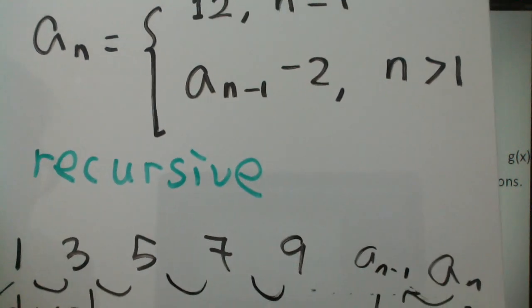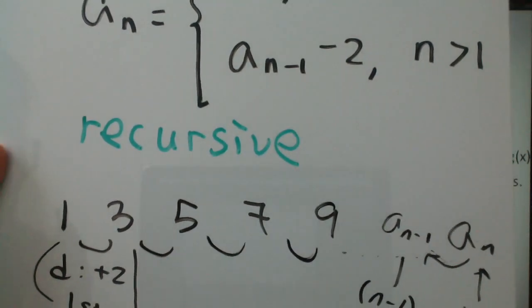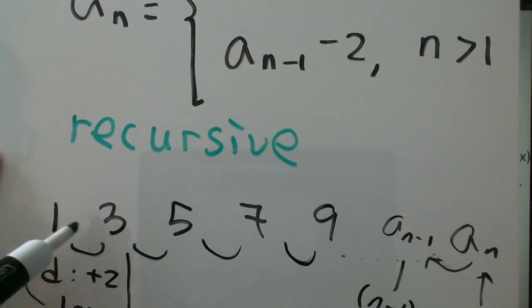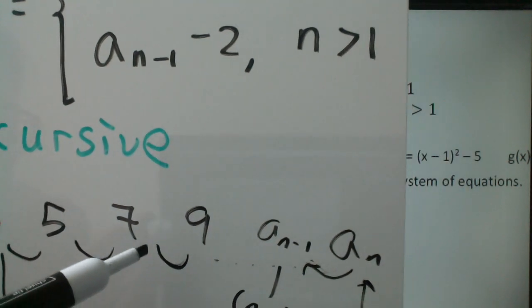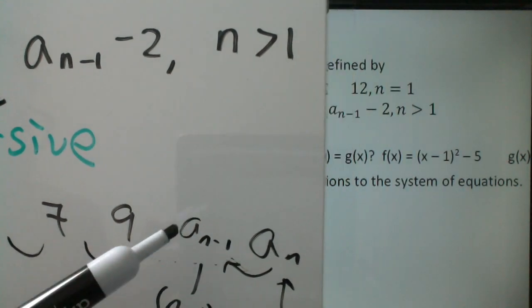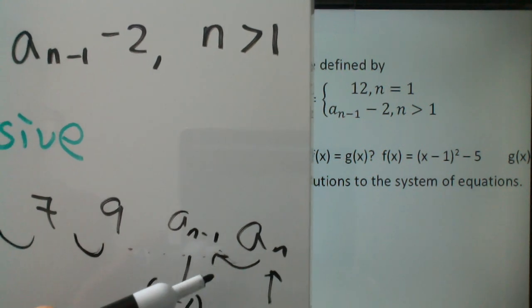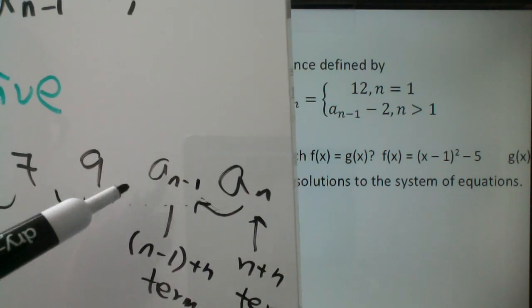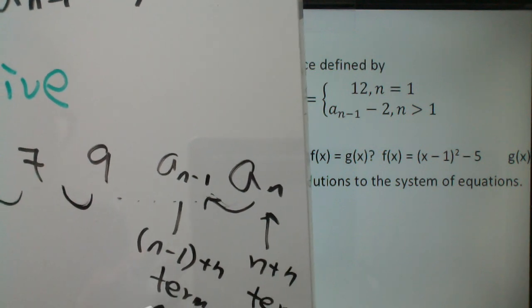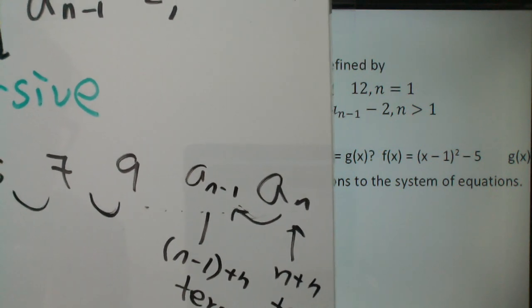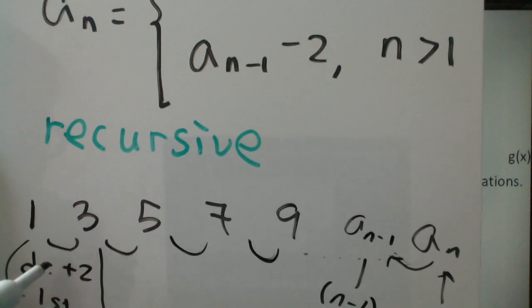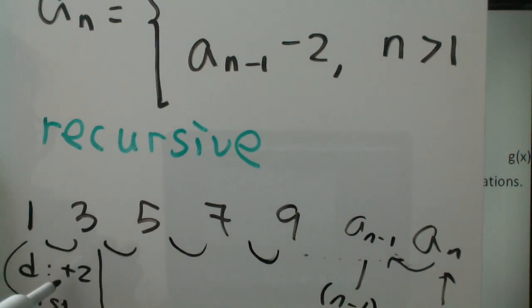Guys, I'll explain one more time. Let's say I have the sequence 1, 3, 5, 7, 9, and it goes on and on. The last one is the nth term. Second to last is the an minus 1 term. And I'm adding 2 each time.